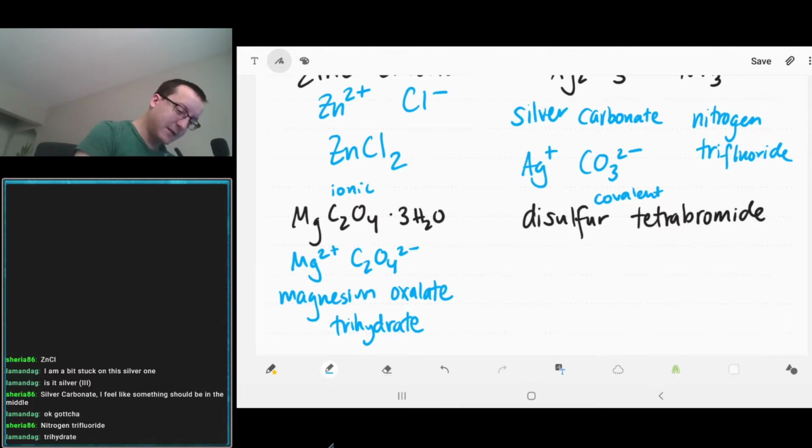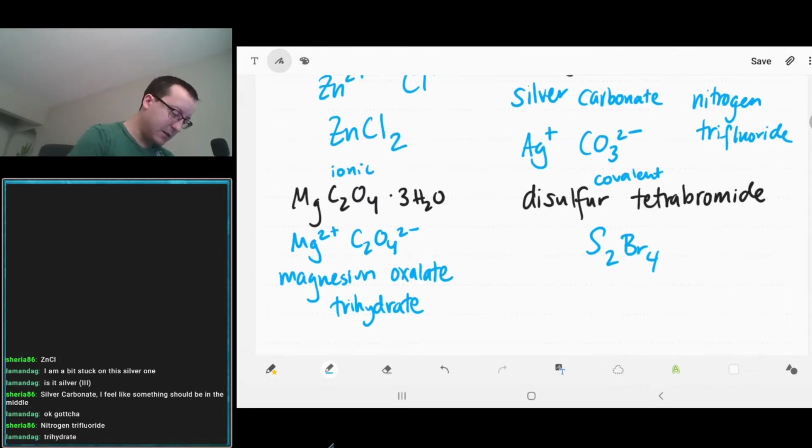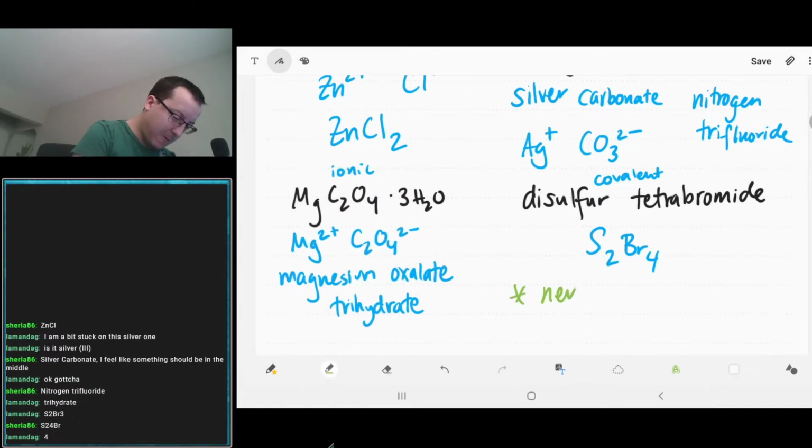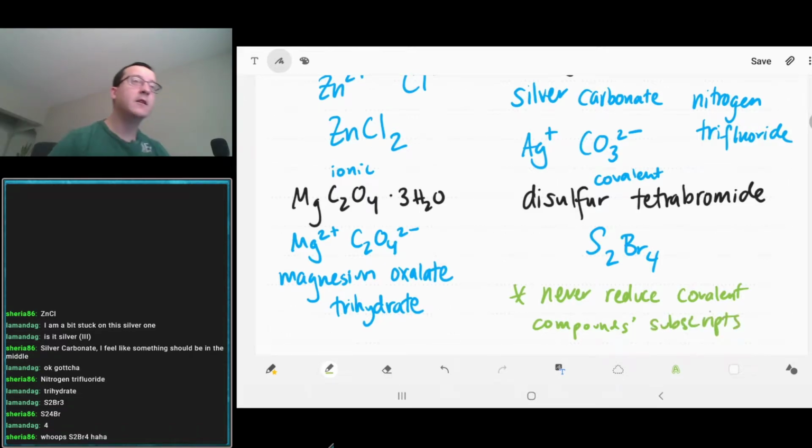For that one, it's just going to be, and just in case any of you have thought about stuff like this, we never reduce covalent compound subscripts. Yep, looks good. So just remember, don't ever reduce this to like SBr2, because that would be a different compound. So for us, we do have to reduce it if it's ionic, but not if it's covalent.